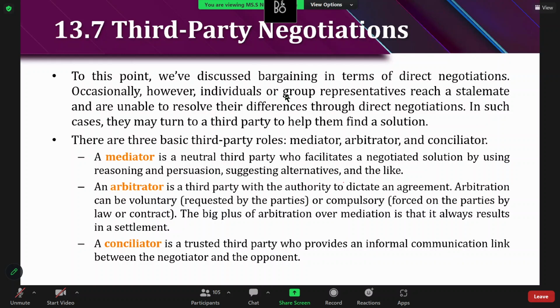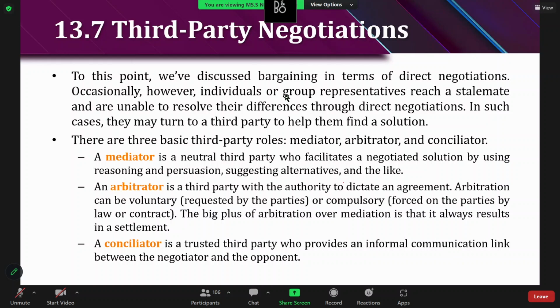So arbitration can be voluntary, requested by the parties, or it can be compulsory. So sometimes, in certain cases, if people file a case against the other party, the government or the court may appoint an arbitrator. So it's a compulsory arbitration, which is forced on the parties by law or contract.